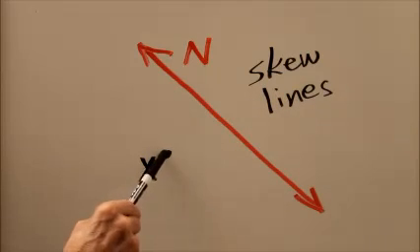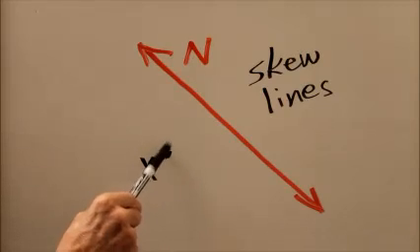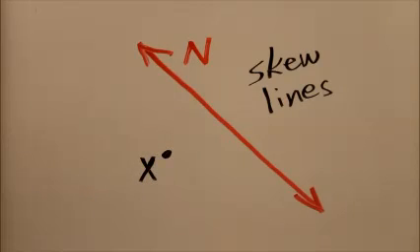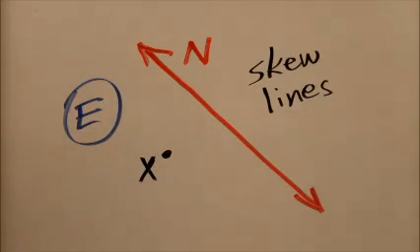But any other line through point X, any line through point X that does not lie in this plane will in fact be askew to line N, and there are infinitely many such possibilities. So the correct choice in this situation is choice E, infinitely many.